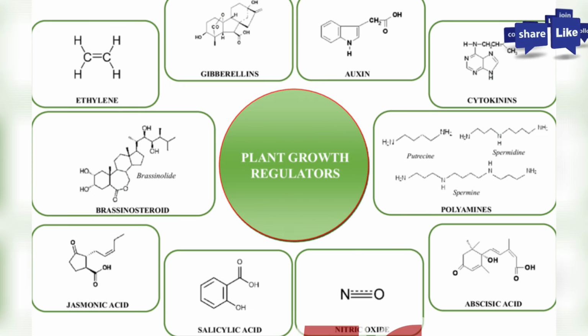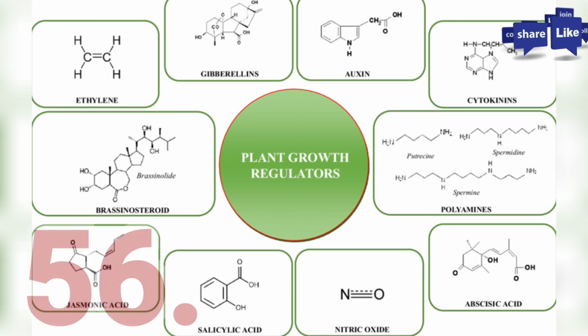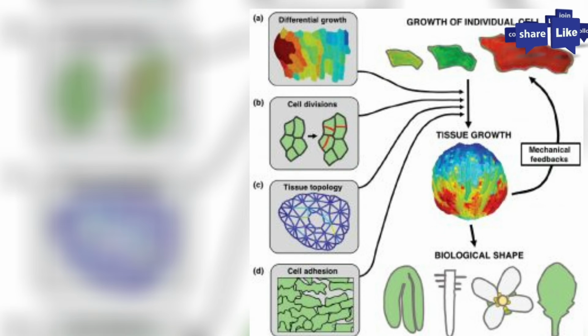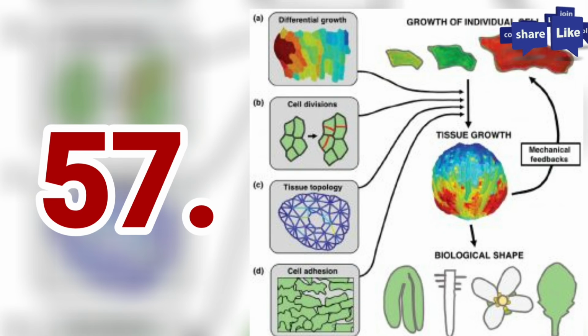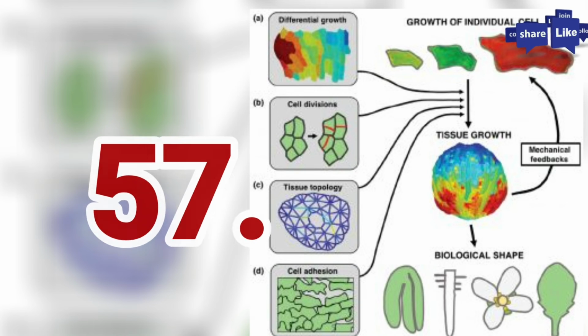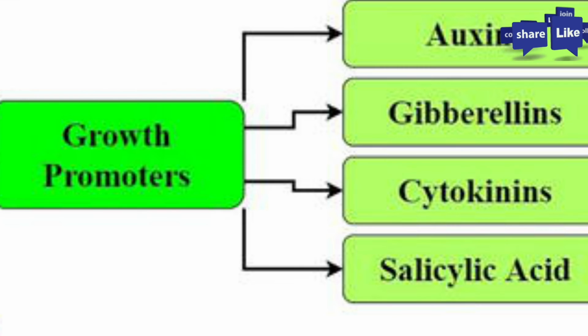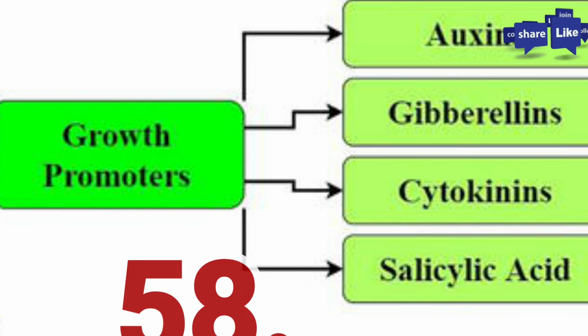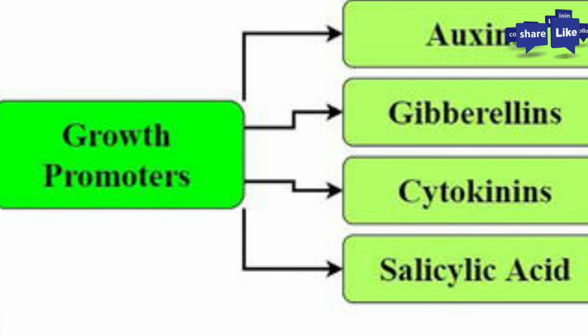What do you understand by PGR? PGRs have growth promoting activities. Growth promoting activities are cell division, cell enlargement, pattern formation, tropic growth, flowering, fruiting, and seed formation. Plant growth promoters are auxin, gibberellin, and cytokinin.